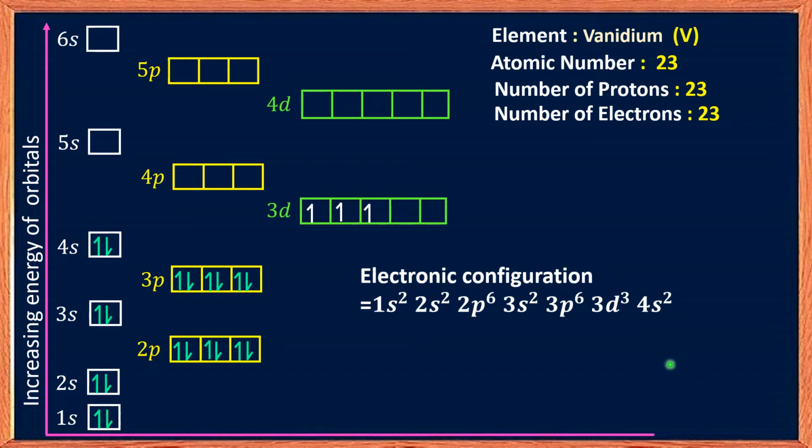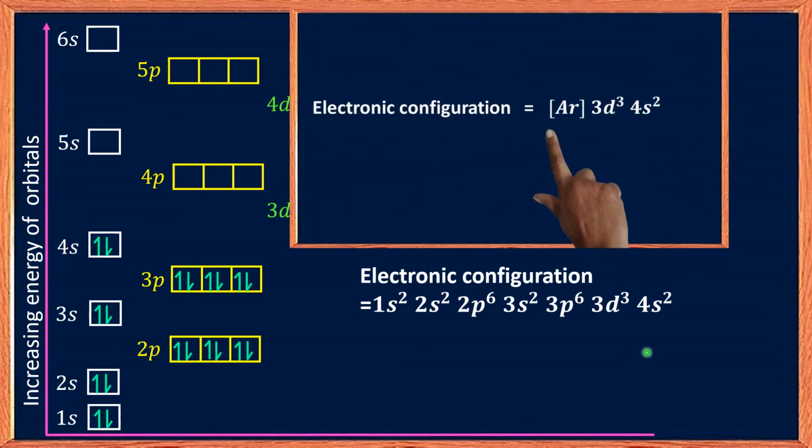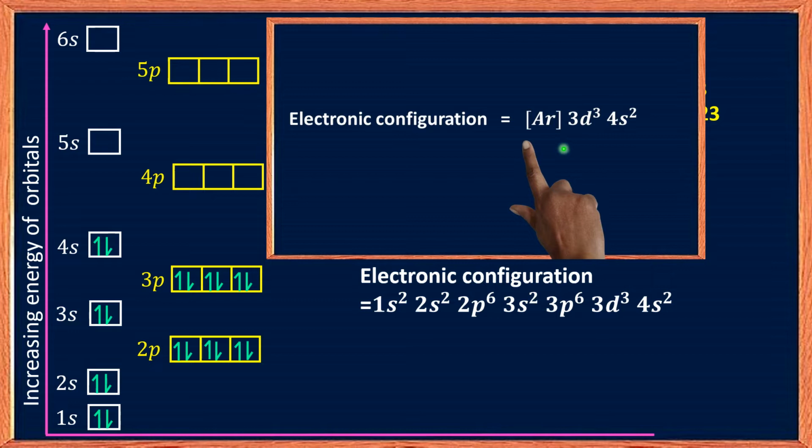Or we can write this electronic configuration in short form as argon 3d3 4s2. In the 3d subshell we have 3 electrons, and in 4s we have 2 electrons. Before this, the argon electronic configuration is there. From here to here, it is the electronic configuration of argon, an inert gas element.